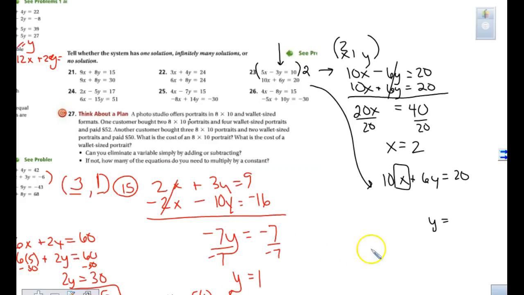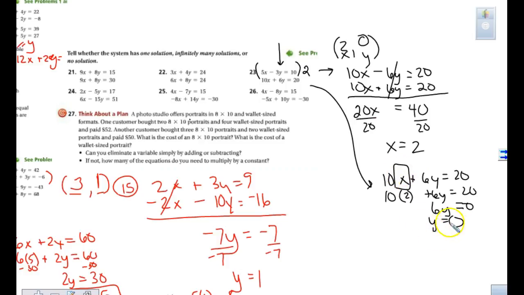Any other questions? Anything else you're not sure about as you look at credit? I didn't check for 23. Did you get this part? Yeah, and I just keep getting like a negative 3y equals 0. Okay, so 10 times 2 plus 6y equals 20. We subtract 20 and you get 6y equals 0, and y is 0.